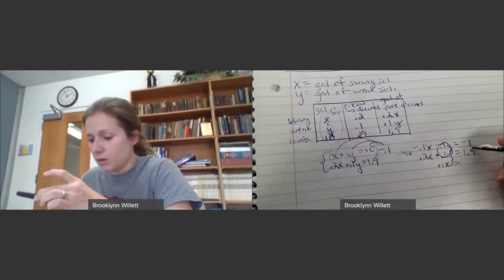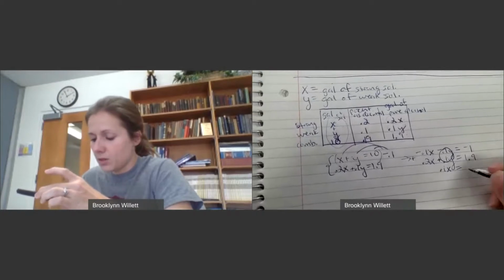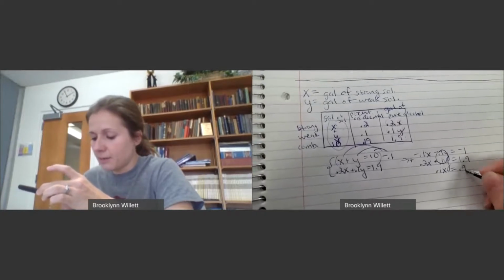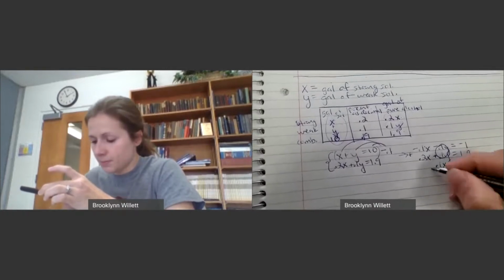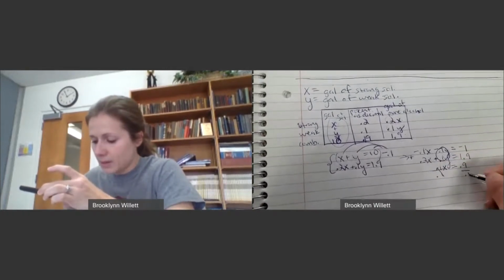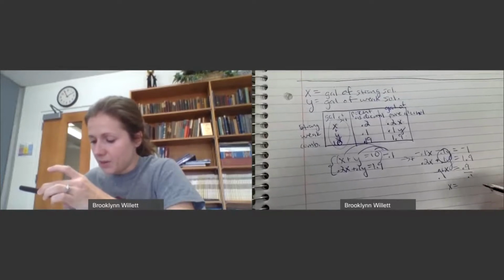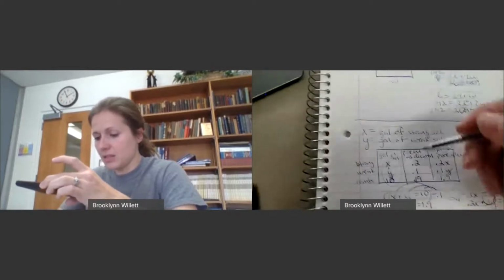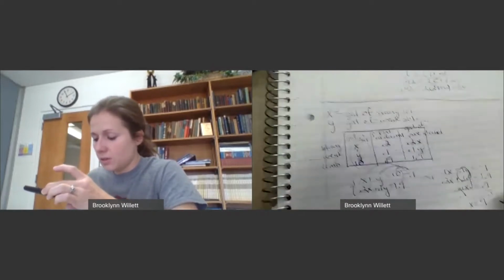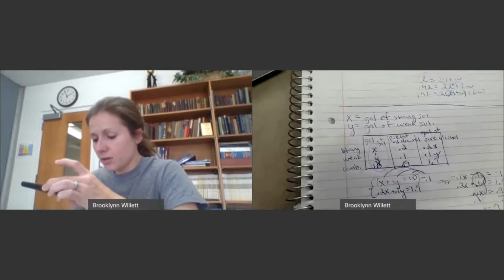And then negative 1 plus 1.9 is positive 0.9. If I divide by 0.1, then I get x to be 9. And remember, x is in terms of gallons, so 9 gallons of the strong stuff.